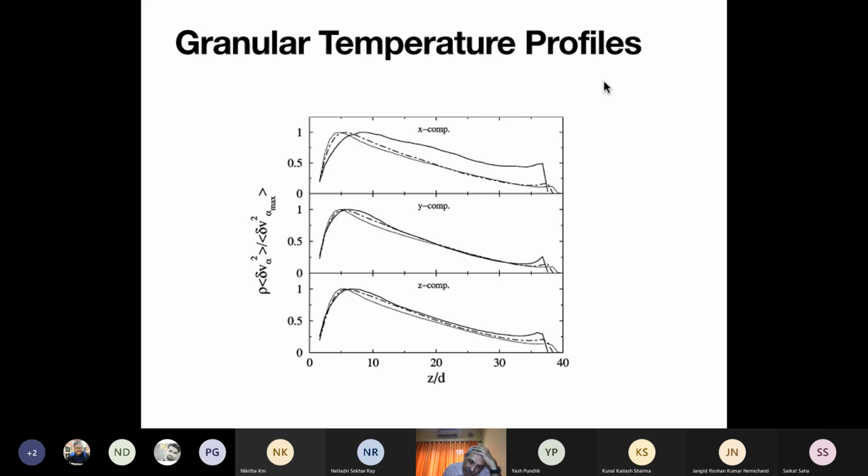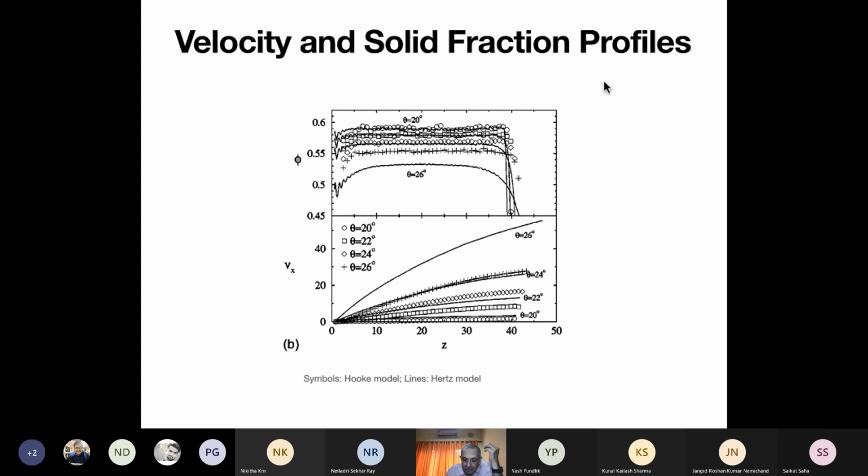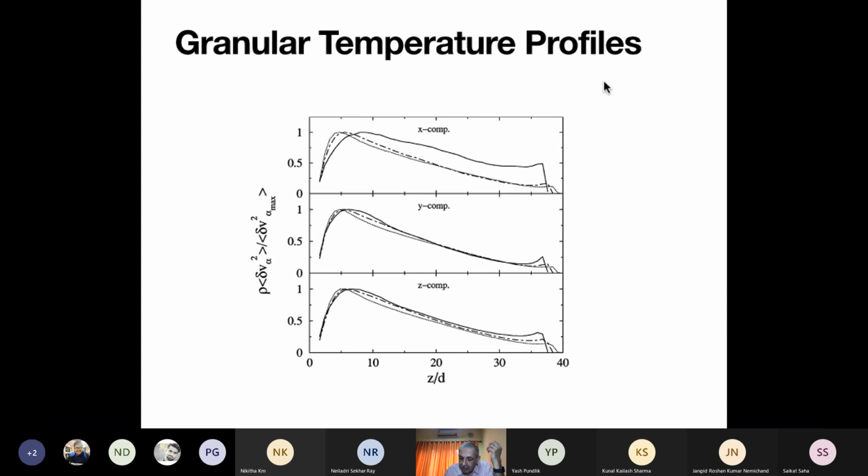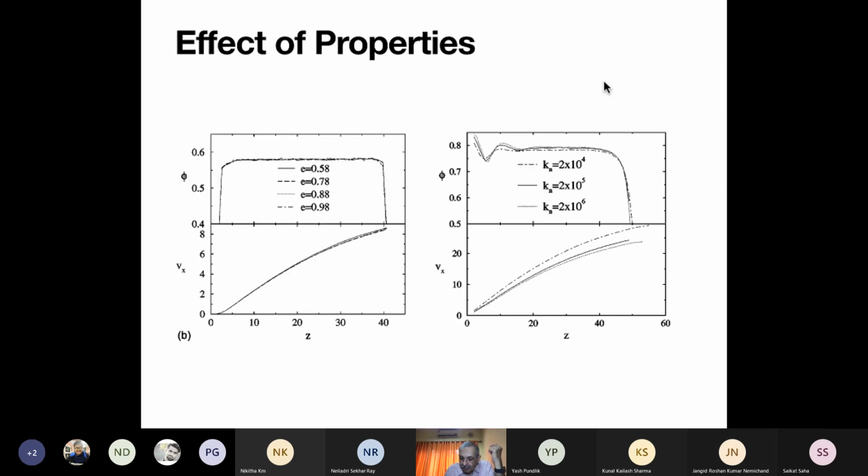But the thing to realize is that though they haven't given the actual magnitude of the granular temperature, if you just look at the magnitude of the granular temperature relative to the mean velocity, it is lower by a factor of 10.